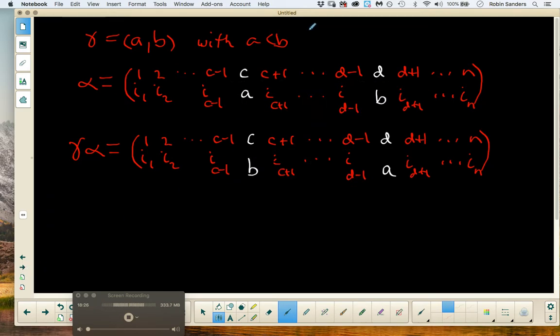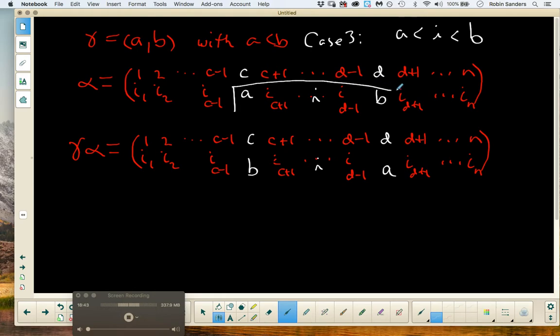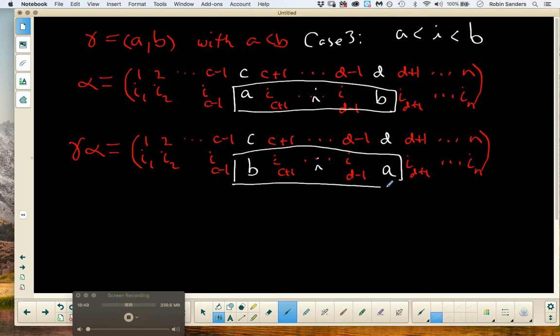And case 3 is A is smaller than I and I is smaller than B. And I sits between the A and the B on the second row of our 2 permutations.